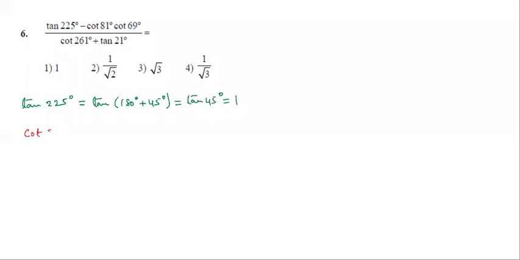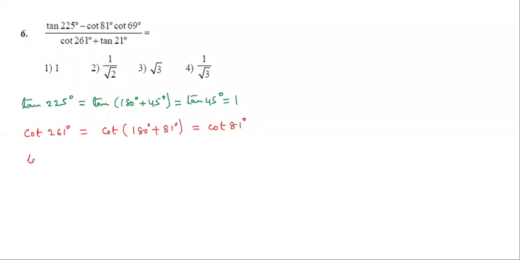Cot 261. 261 we convert into 81 degrees. How? 261 we can write as 180 plus 81 degrees. 180 plus theta, third quadrant, cot positive, we get cot 81 degrees.